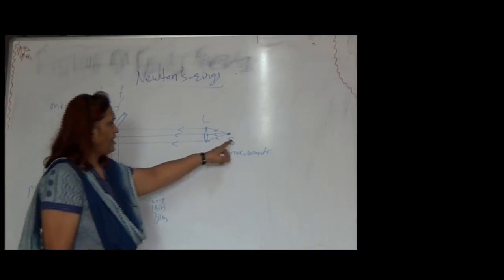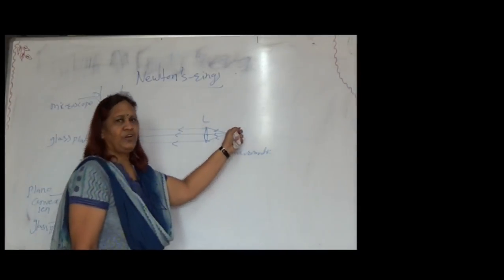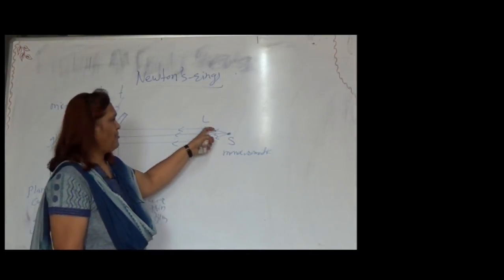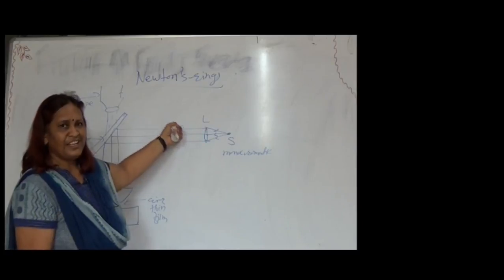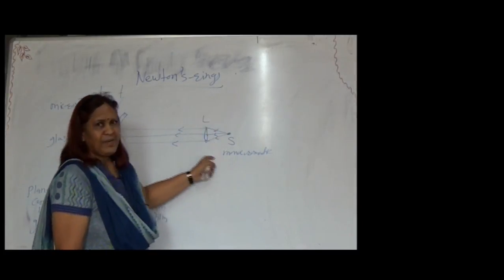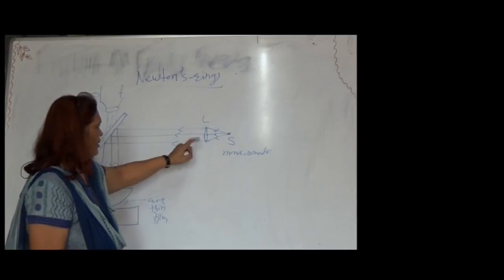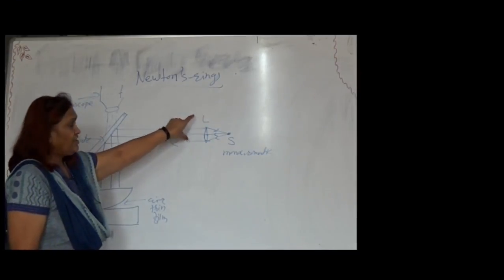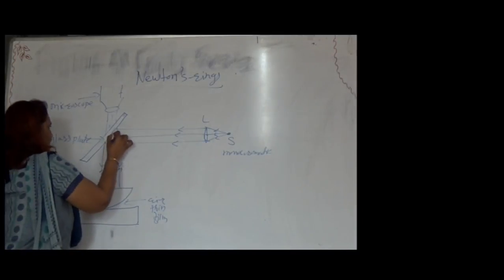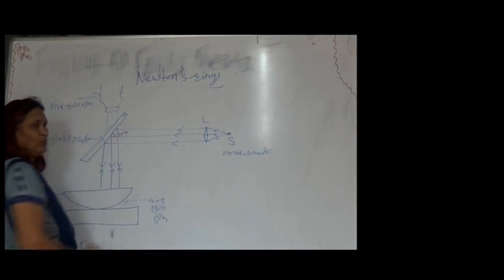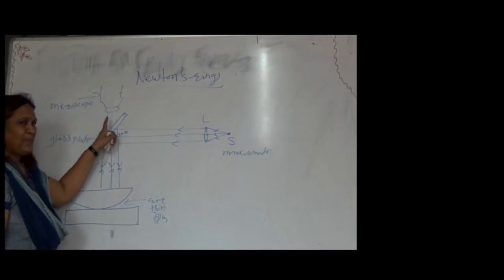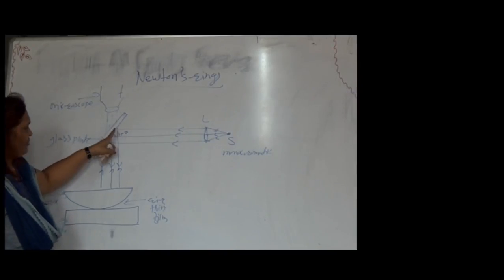When the monochromatic source is on, the source gives a scattered beam, which can be converted into a parallel beam by using a converging lens L, and this parallel beam is incident at 45 degrees, inclined to the plane glass plate. Here partial reflection and refraction take place.